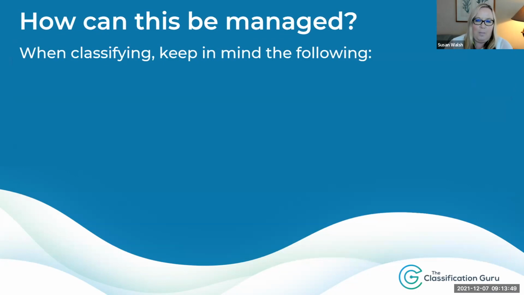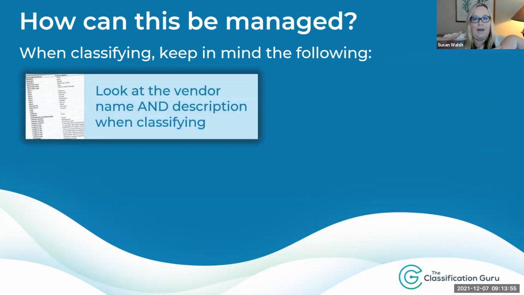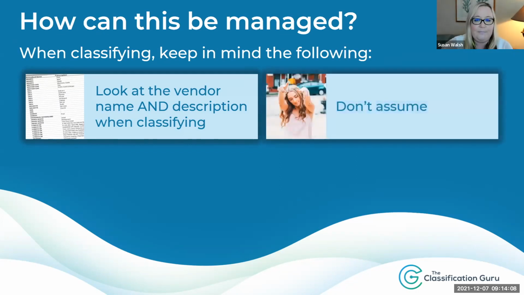So when we're classifying or working with data, how can we manage this? We need to remember to look at context. Look at the vendor and the description when classifying, or if it's a product, look at the product and the dimensions, the product and the price. There's lots of different things that can guide you. And again, don't assume that you just know what something is.